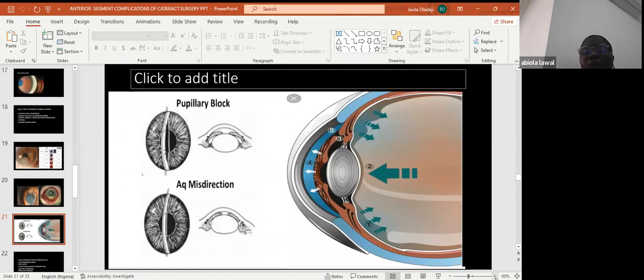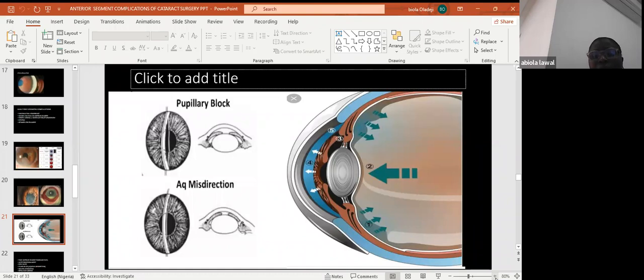You can also have it even when there's no lens implantation done, because there are times that the primary surgery is to leave the patient aphakic. People who are highly myopic and the IOL power is minus 0.5, then you just leave this kind of patient aphakic. So you can have pupil block under such three circumstances.